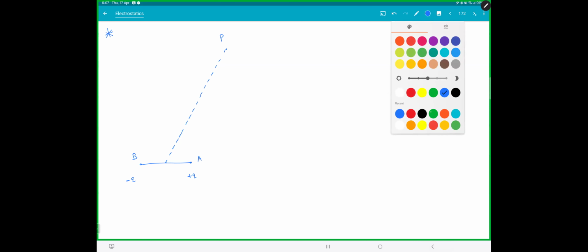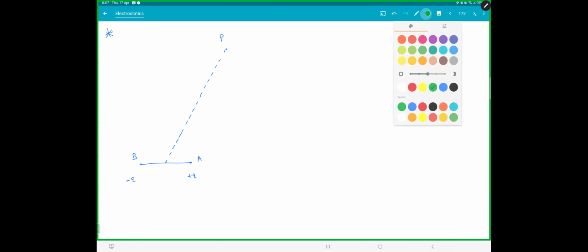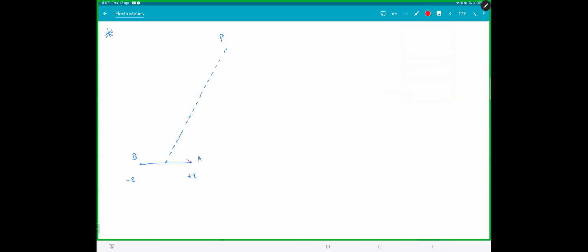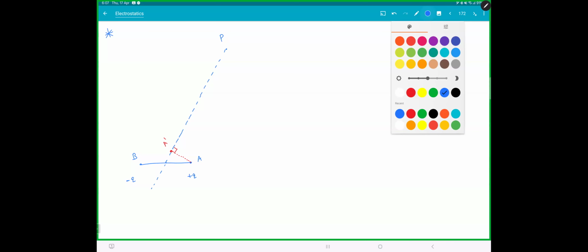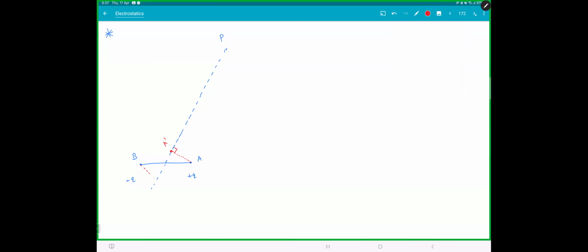This is what we're trying to do. So from point A, drop a perpendicular onto this line, and let's call this point A dash. From point B, drop a perpendicular onto this line, and let's call it B dash. This angle will be theta. This distance will be d by 2.